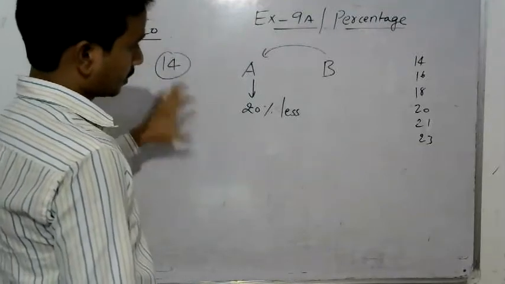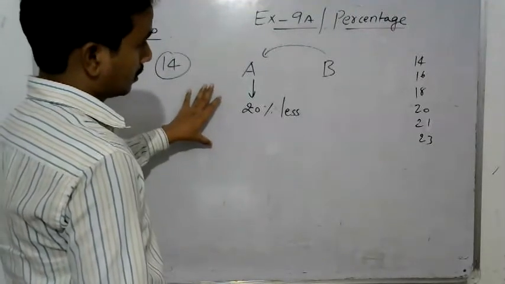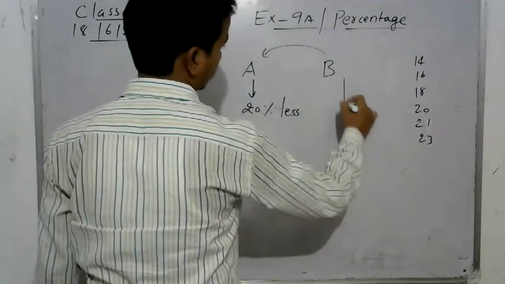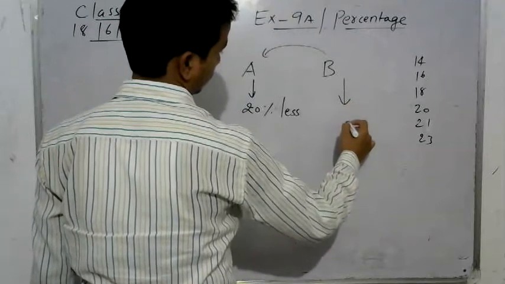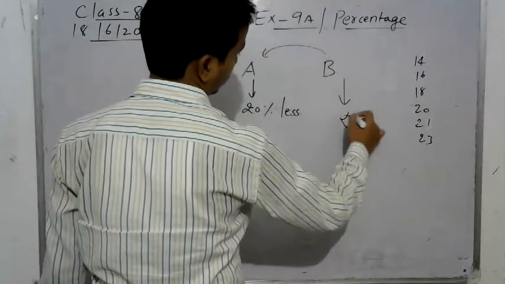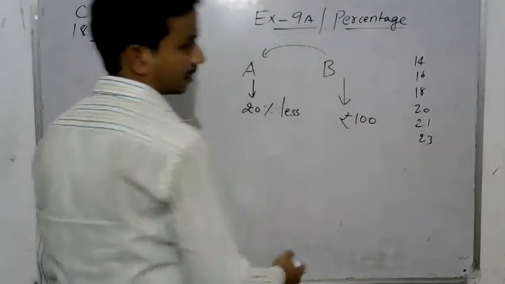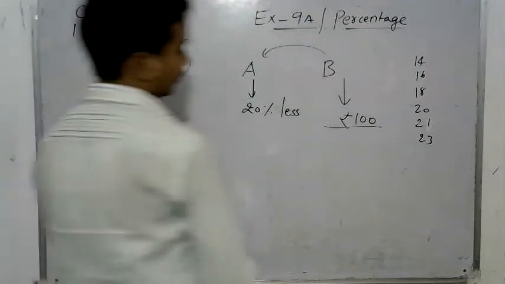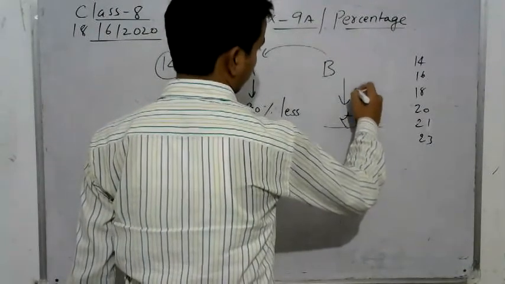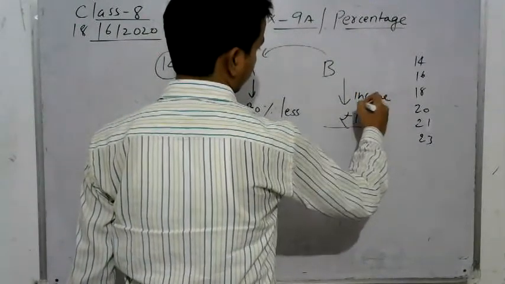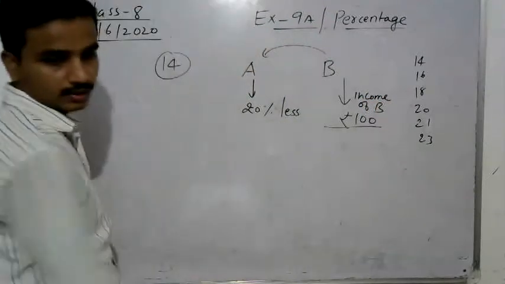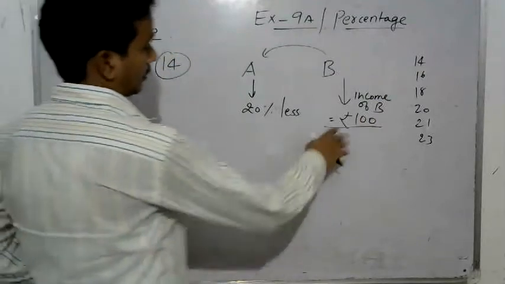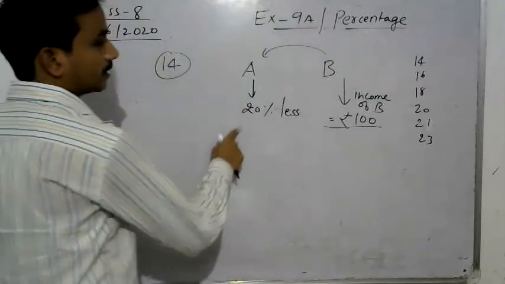In this question, let us assume the monthly income of B is rupees 100. So income of B is equal to rupees 100. Now what will be the income of A?